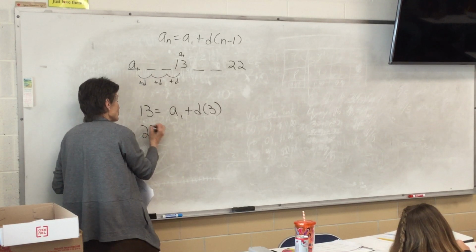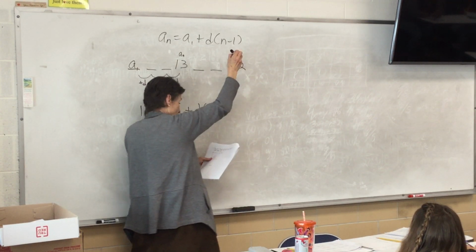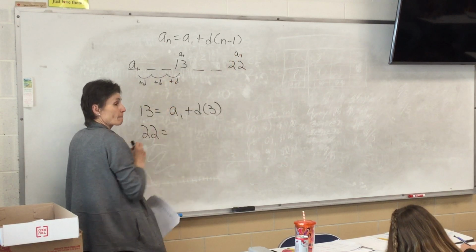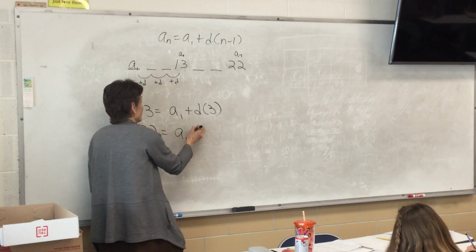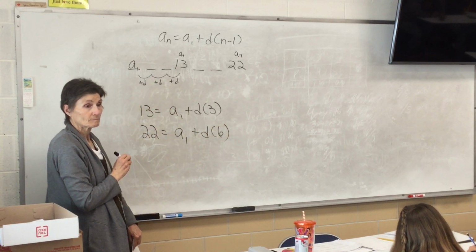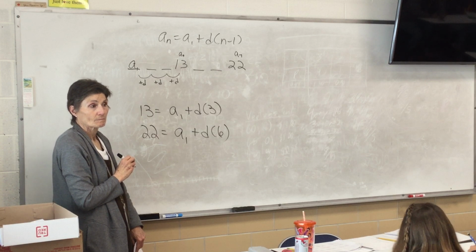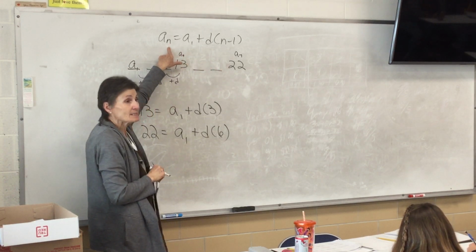Well, what does 22 equal? Well, 22 is the seventh term, A sub 1 plus D times 6. Remember, A sub 7, n is 7.